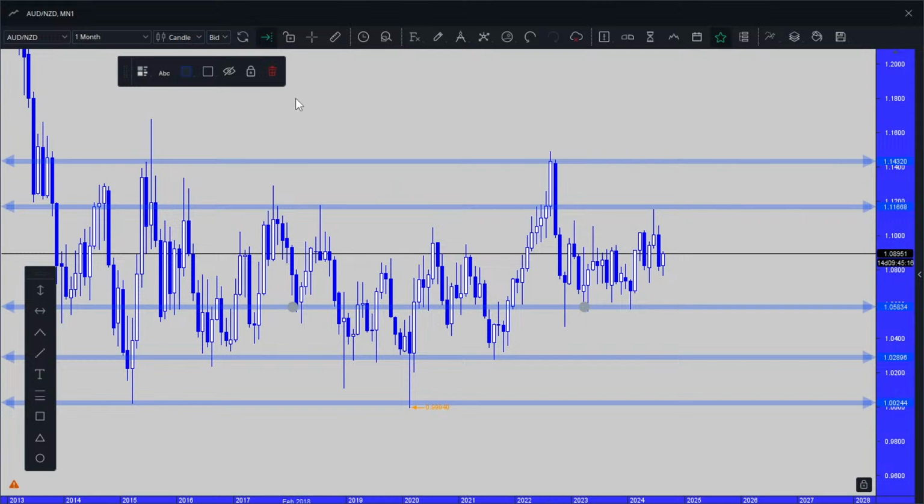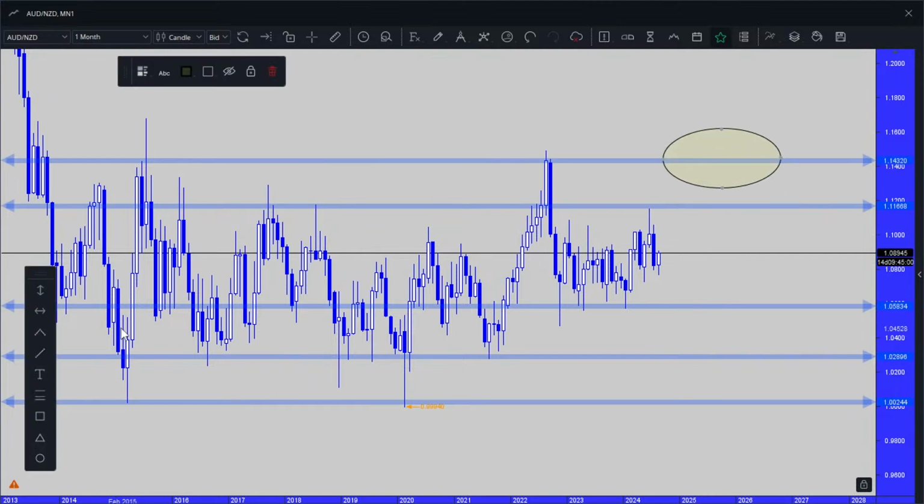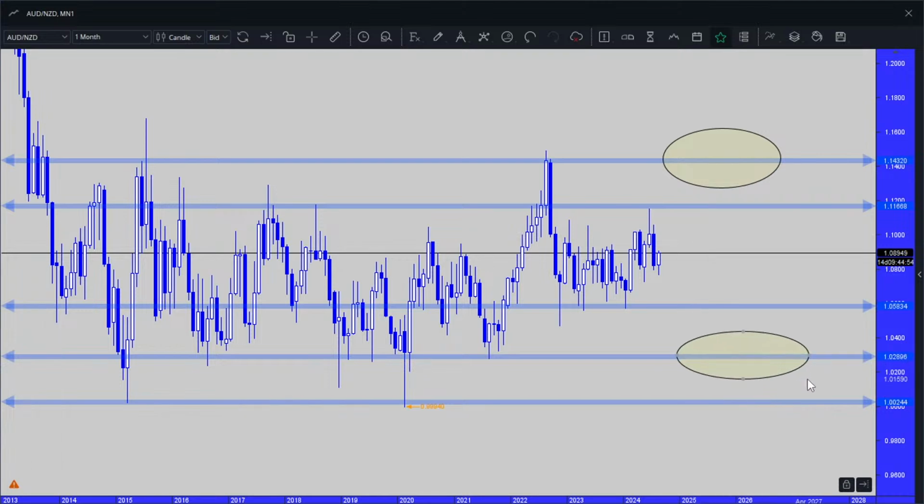The first thing that applies to all the charts, listen up. The first thing that applies to all the charts is that Mike is going to enter trades only up in here, and Mike is going to take trades only down in here somewhere.